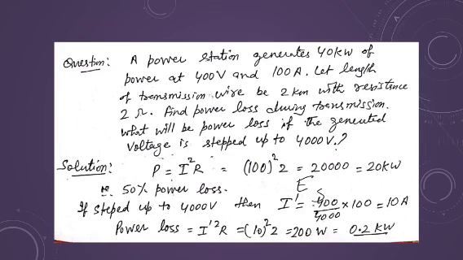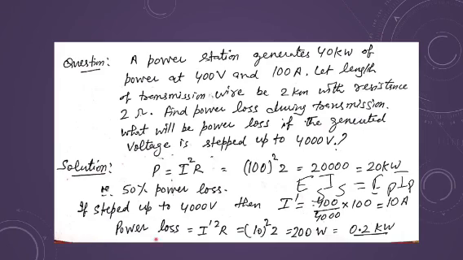And by using this formula, you can always find the value of I dash, which is equal to 400 upon 4000 into 100, the initial current. Then the secondary current will come out to be 10 amperes.